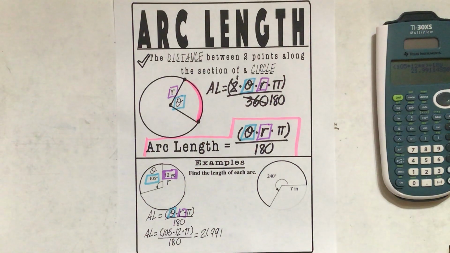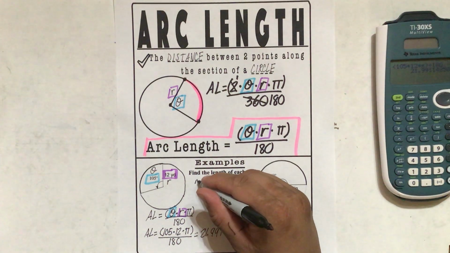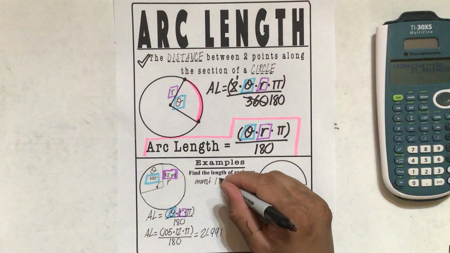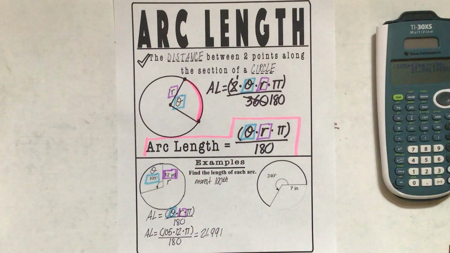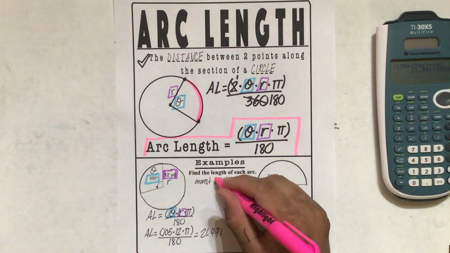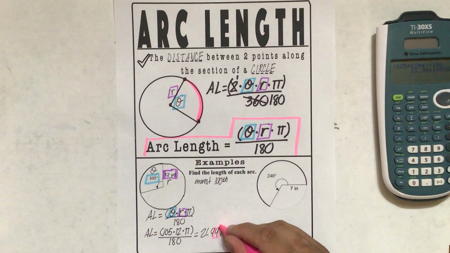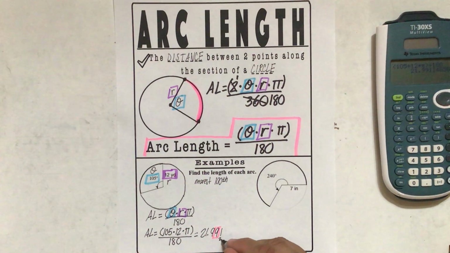21.991 actually. I included the 1 because I'm going to round to the nearest hundredth. The nearest hundredth is 2 numbers after the decimal. So the neighbor to this 9 here is a 1.